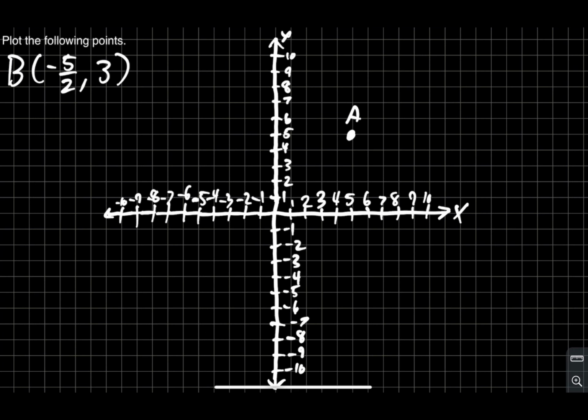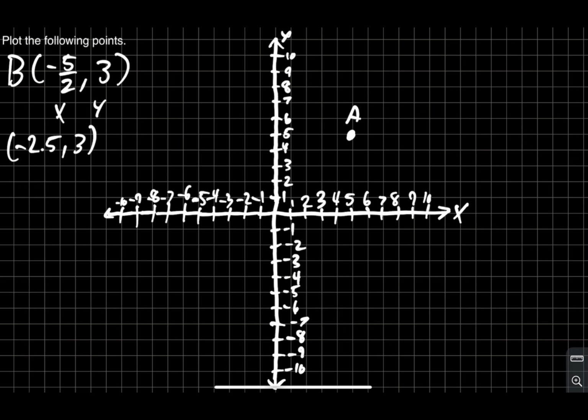Now, how do we plot point B? Point B has an x value of -5/2 and a y value of +3. We can write this ordered pair and simplify the -5/2 to -2.5, then comma 3. -2.5 is in between -3 and -2.